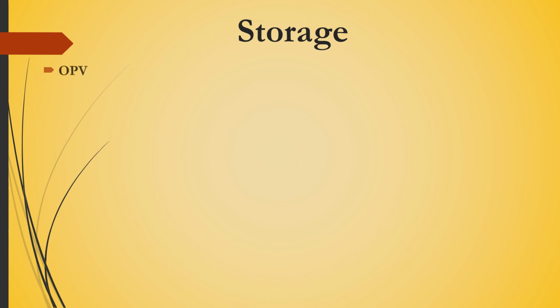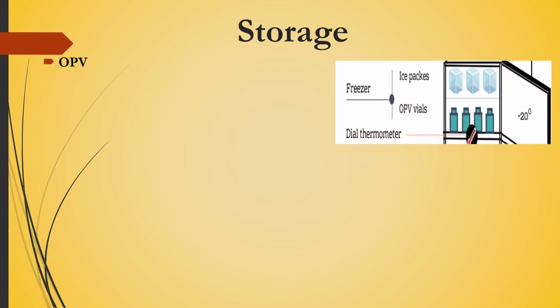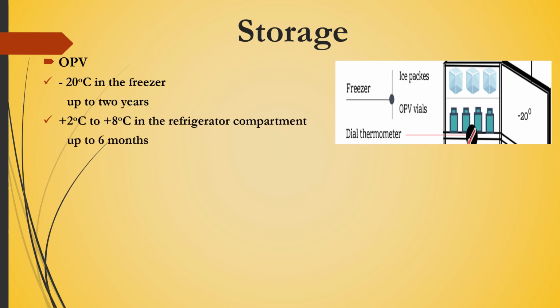Oral polio vaccine could be stored at -20 Celsius degrees in the freezer compartment of the refrigerator or freezer room for up to 2 years, and at 2 to 8 Celsius degrees in the refrigerator compartment for up to 6 months.